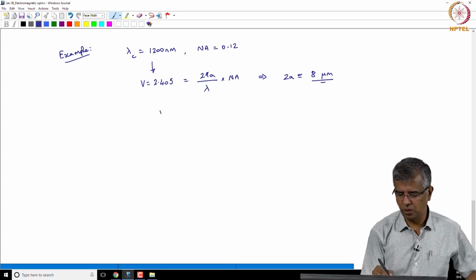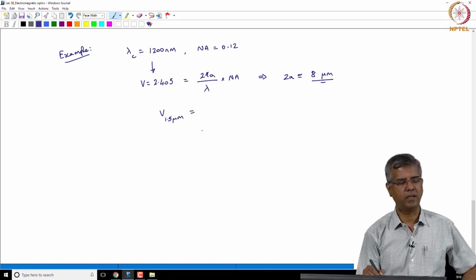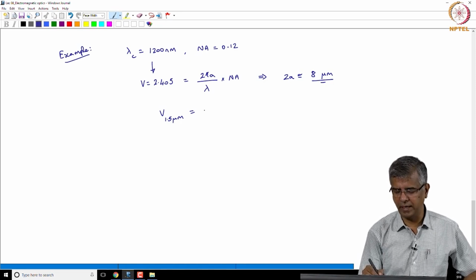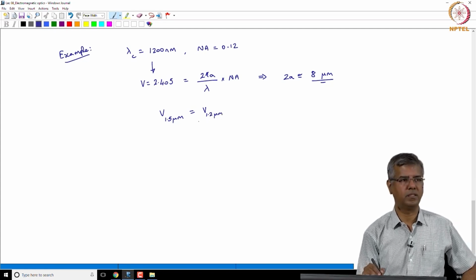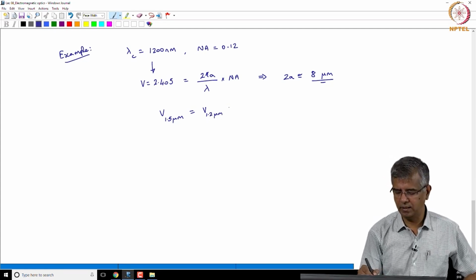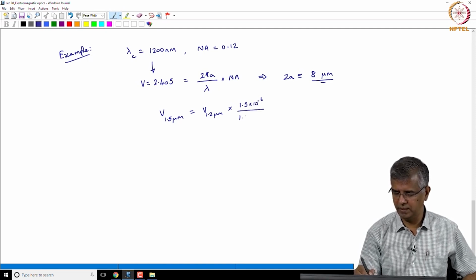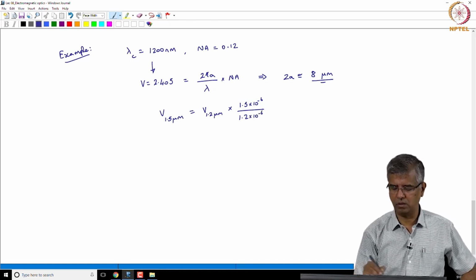So, if you want to look at what is the V number at 1.5 microns, you can simply write it as this is the V number at 1.2 microns, that is what is given, multiplied by 1.5 into 10 power minus 6, the wavelength that we are interested in, and the V number at 1.2 microns is what we are considering.